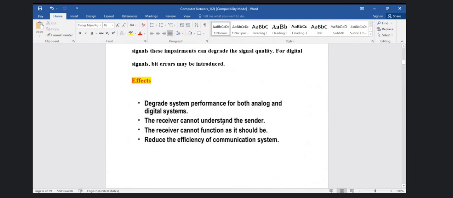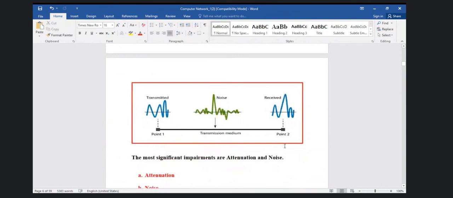Due to that, the receiver cannot understand the sender, cannot function as it should, and the efficiency of the communication system is reduced. So say we want to transmit this signal, and since noise is incorporated in the signal, when the receiver receives this signal, it is not the actual signal transmitted by the sending end.